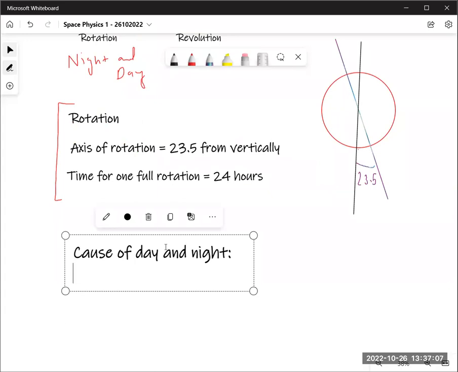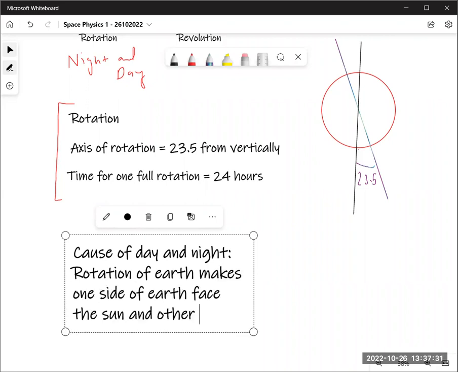The reasons are, first thing, rotation of Earth. Earth makes one side of Earth face the sun and the other face away.